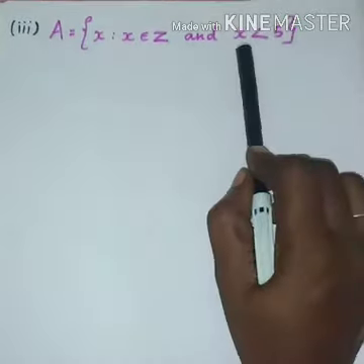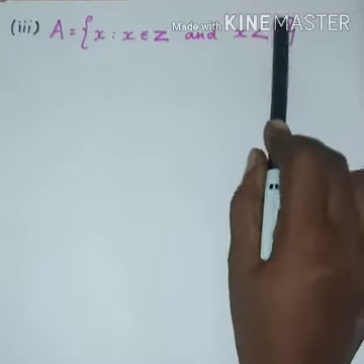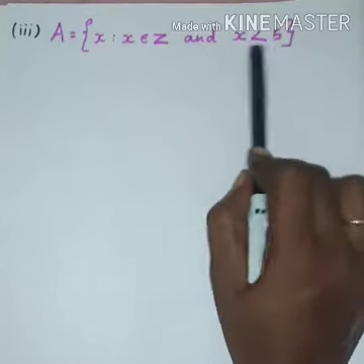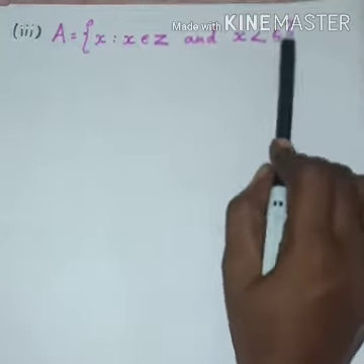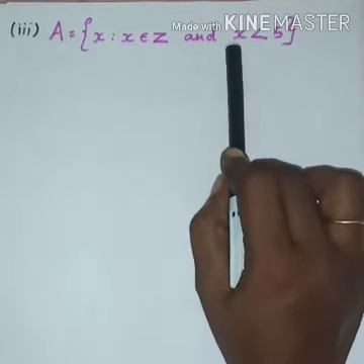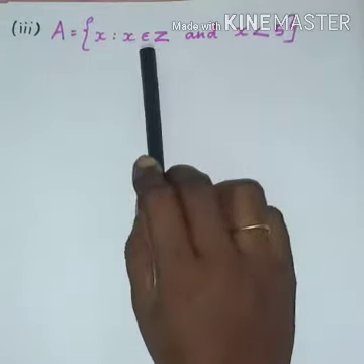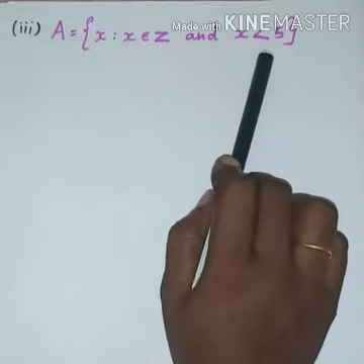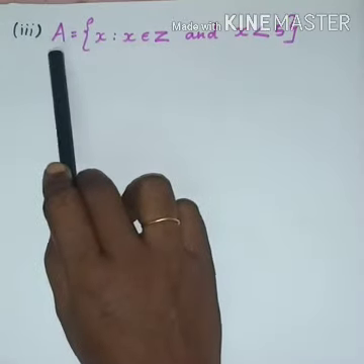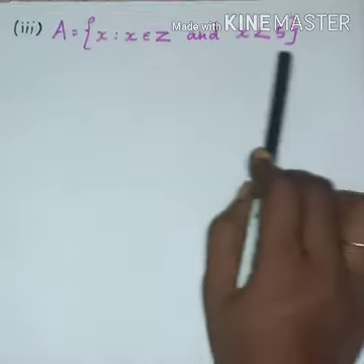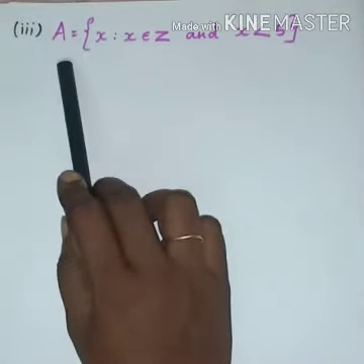Here the condition is given only for the positive integers: x is less than 5. The condition is not given for the negative numbers. So this is an infinite set. A is an infinite set because the number of elements in the set A is uncountable.